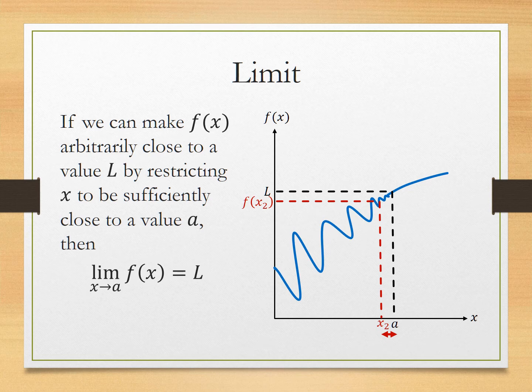As you move closer to a, you would imagine that the function should also take on a value closer to L. If you're far away, it could move up and down, right? f could go up, down, up, down, up, down. But at some point, as you get close enough to a, the function should take on a value close to L, as you can see in this diagram.